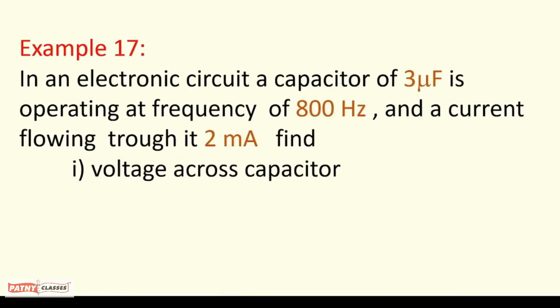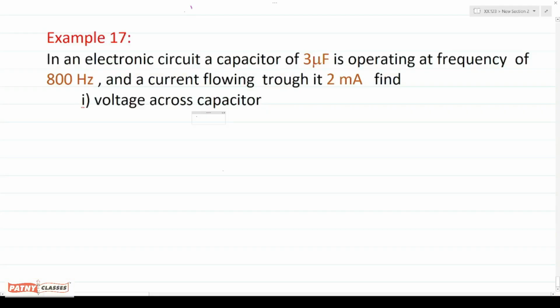Example 17. In an electronic circuit, a capacitor of 3 microfarad is operating at frequency of 800 Hz and a current flowing through it 2 milliamperes. Find voltage across capacitor.